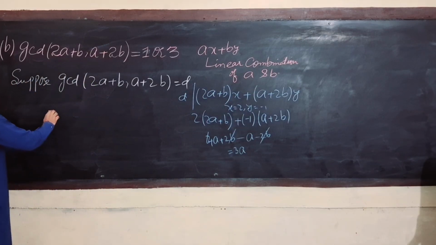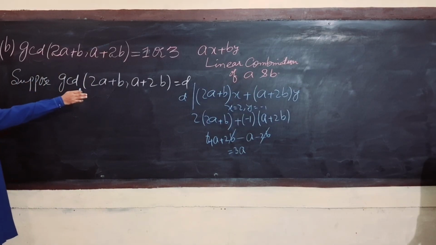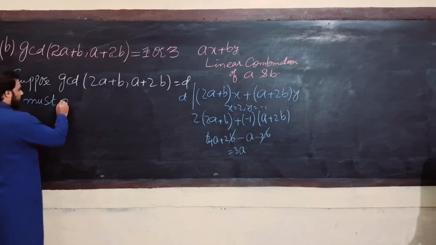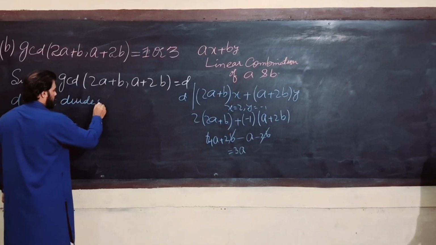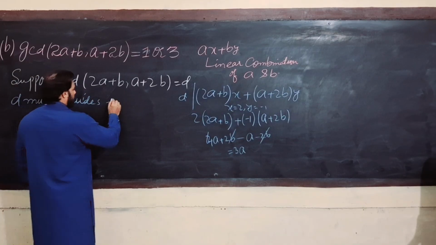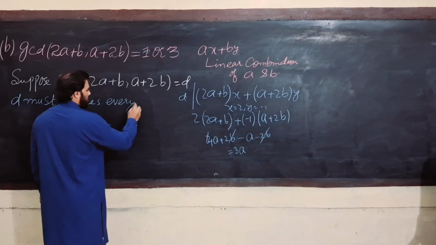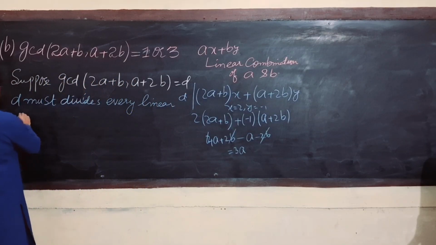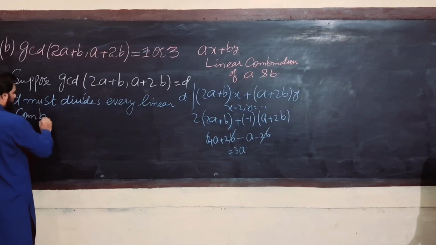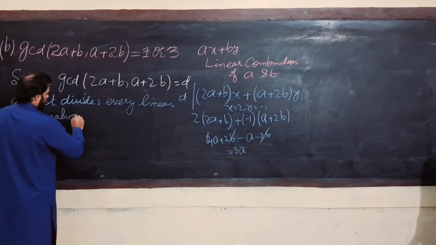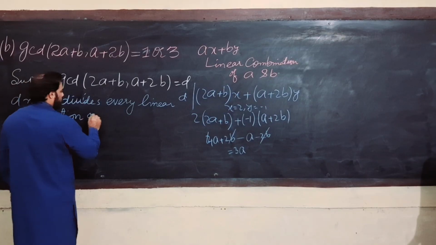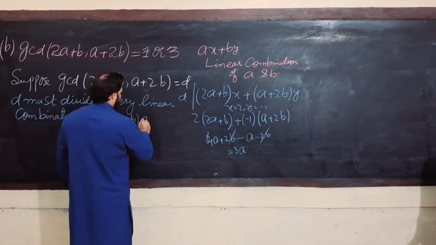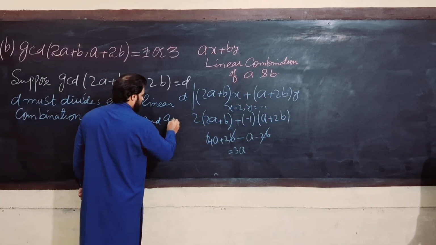So we will write, if D is the GCD of these numbers, D must divide every linear combination of 2A plus B and A plus 2B.